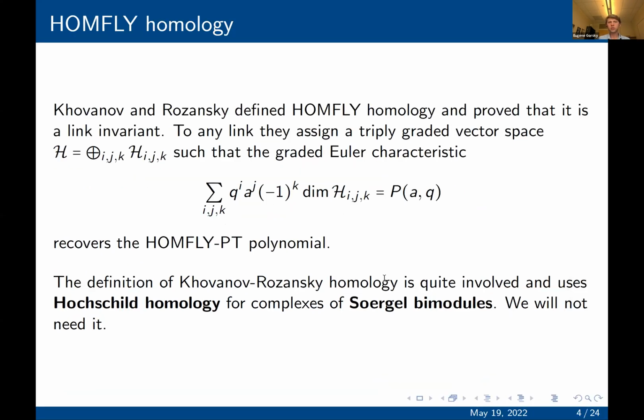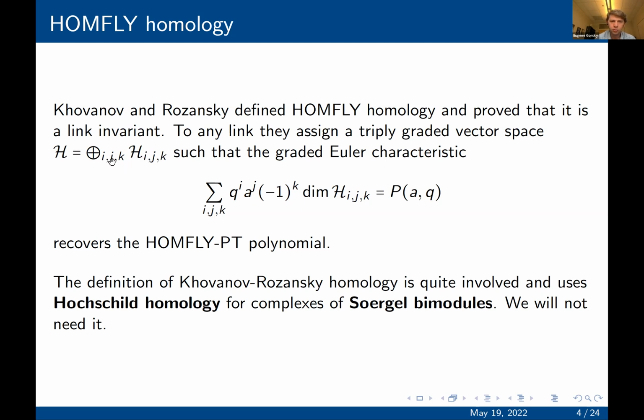Okay, so then Khovanov and Rozansky use the Homfly polynomial as a starting point, and they define a triply graded link homology. It's a very complicated machine. You input a link diagram, and then you output a triply graded vector space H with three gradings I, J, K, usually denoted by Q grading, A grading and T grading.